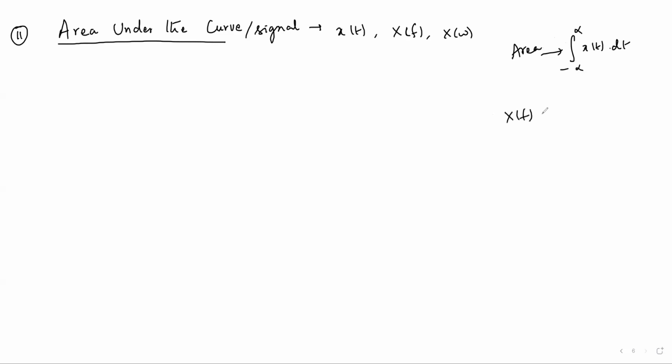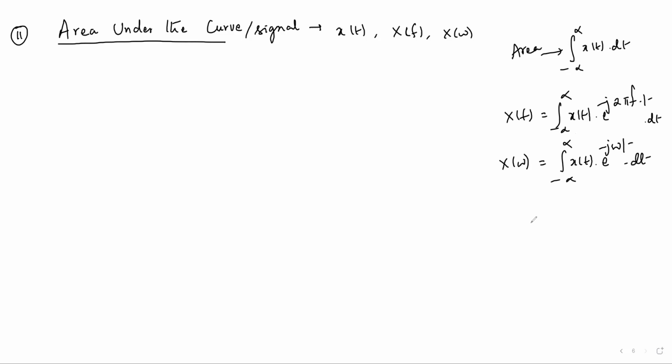X of f formula, let's recall: integral from minus infinity to plus infinity of x of t e to the power of minus j 2 pi f t dt. Whereas the x of omega formula is integral from minus infinity to plus infinity of x of t e to the power of minus j omega t dt.